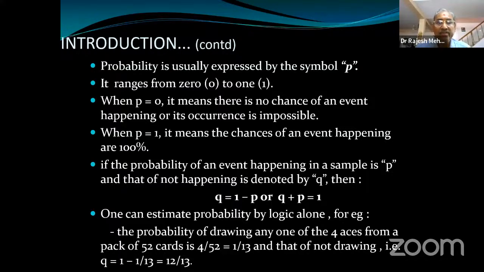For example, you are playing cards, and you want one of the four aces from 52 cards, meaning 4 out of 52. The probability is 1 out of 13. So 13 times if you withdraw a card, one time there will be an ace. So this is how the probability can be calculated.